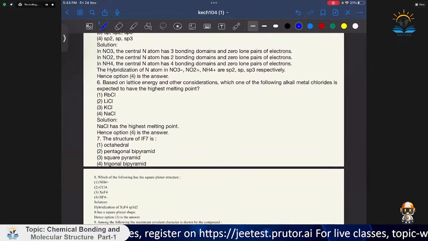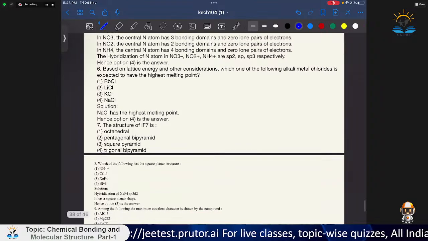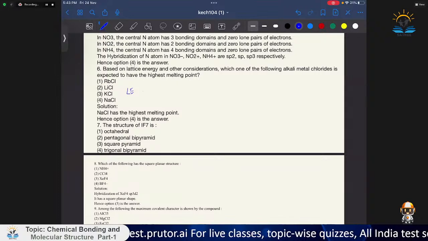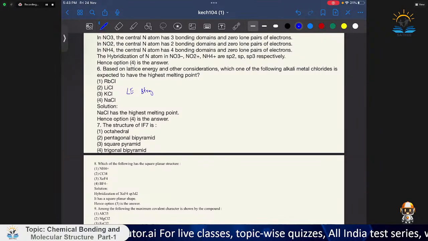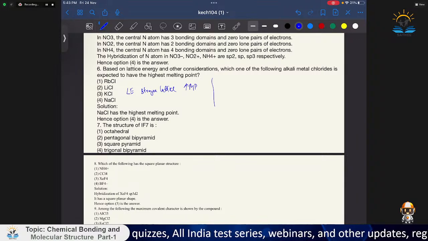Based on lattice energy and other considerations, which of the following alkali metal chlorides is expected to have the highest melting point? Lattice energy says the stronger the lattice, the higher the melting point. I'll explain this concept in a short manner.